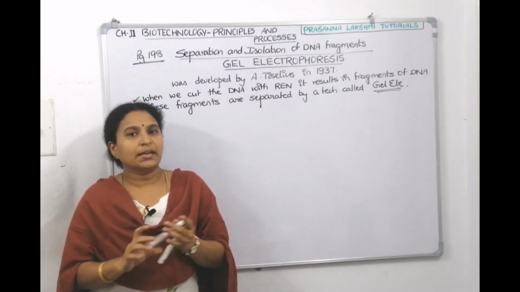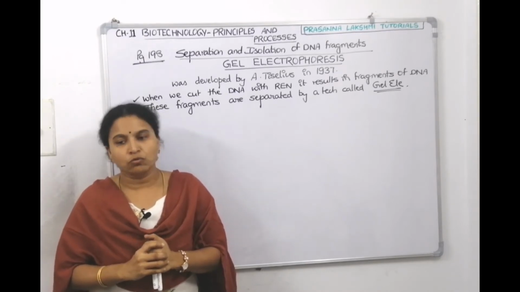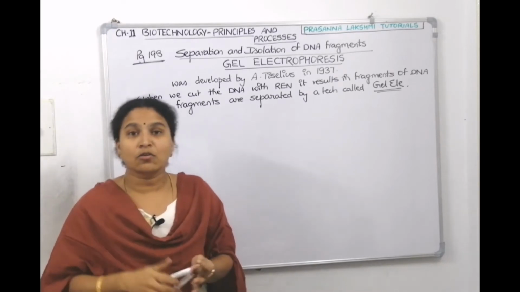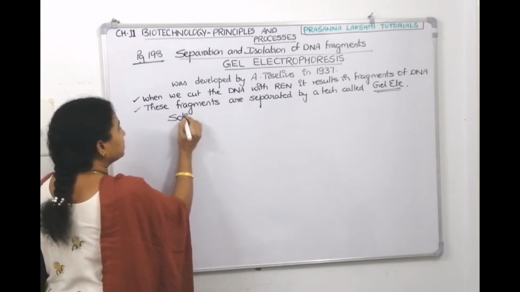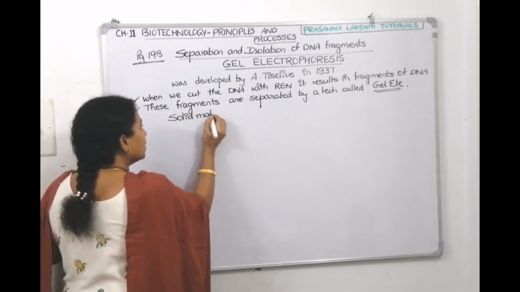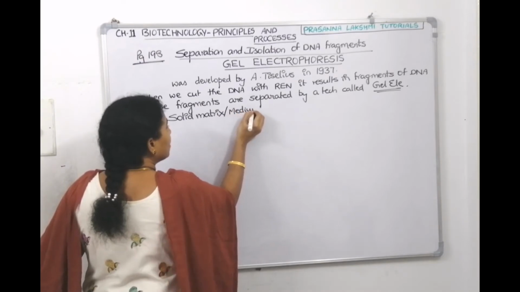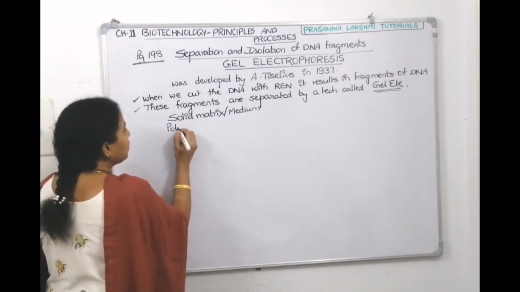Now, how does the technique work? Let us discuss. What you need to do is take an agarose gel. So, we need to take a solid matrix or solid medium, for which we will choose a polysaccharide.